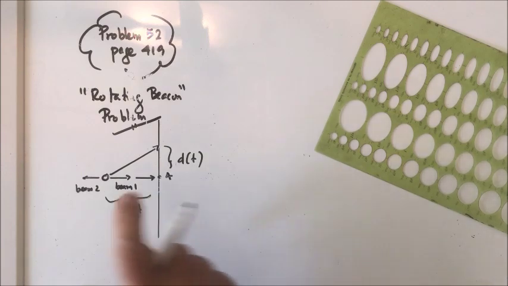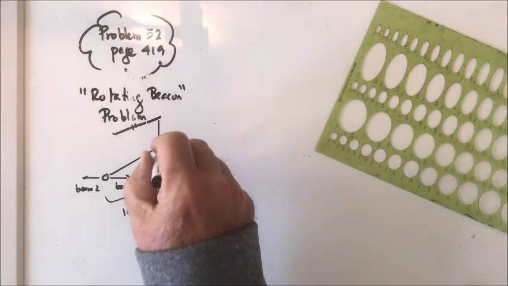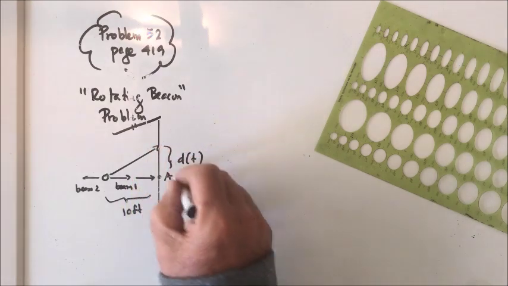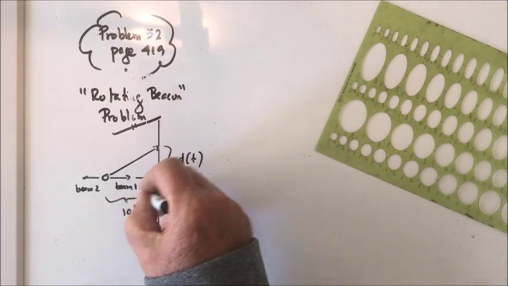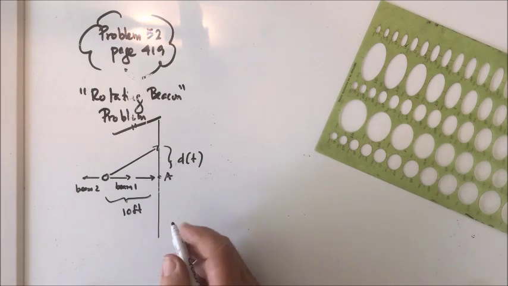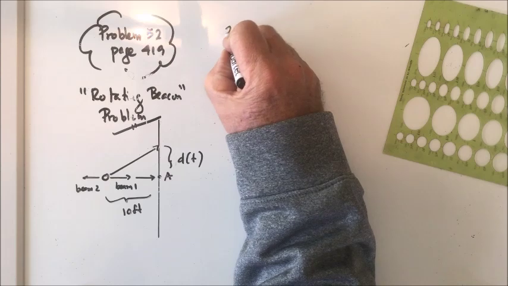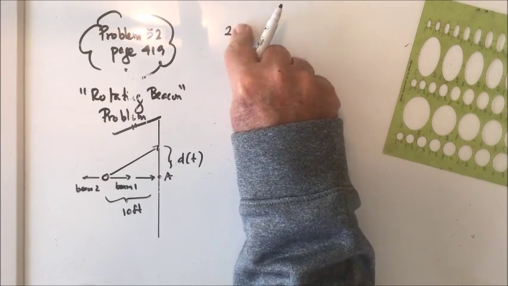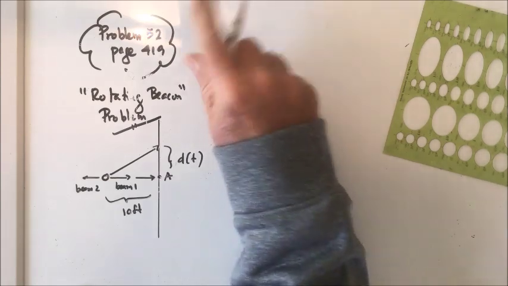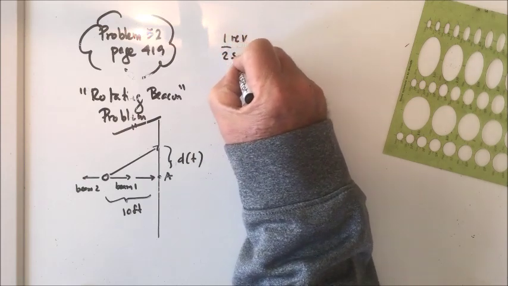And in fact, the book says if this is 10 feet and this is point A, and at any given time t, the beam 1 spot is d away. What does this problem look like if the beacon is rotating 1 revolution every 2 seconds?